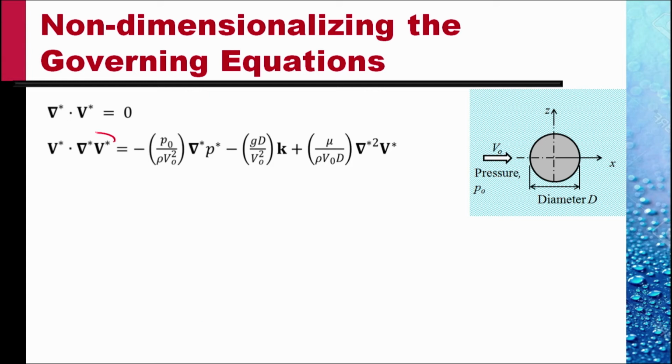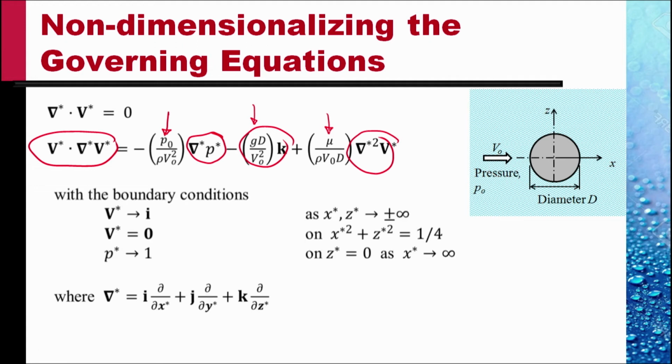This term represents the inertial force. This is the pressure force. Here, this is the viscous force, and this is the gravity. These are the coefficients in front of these.